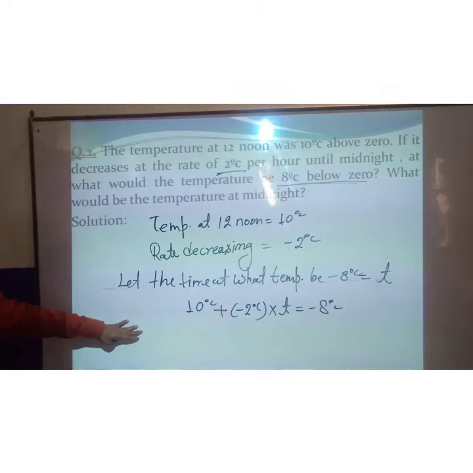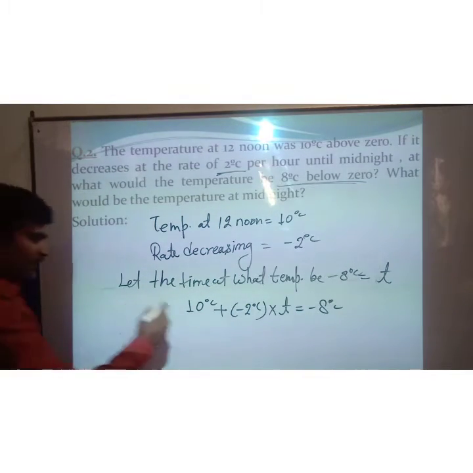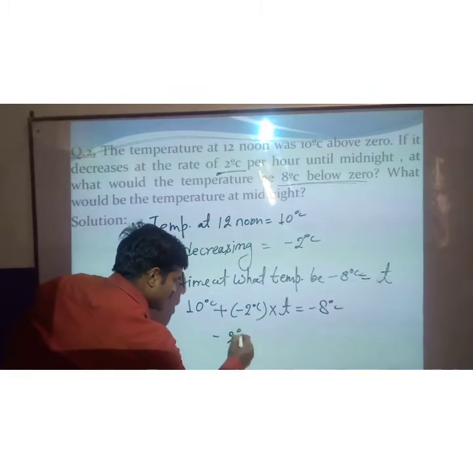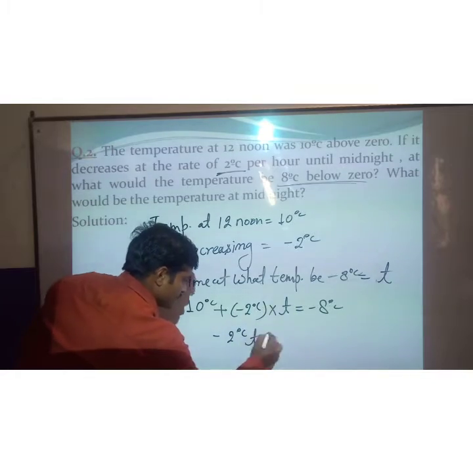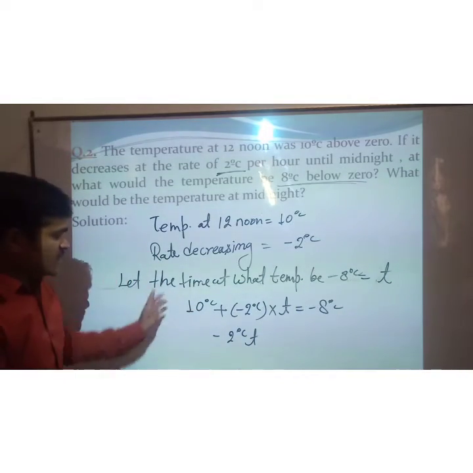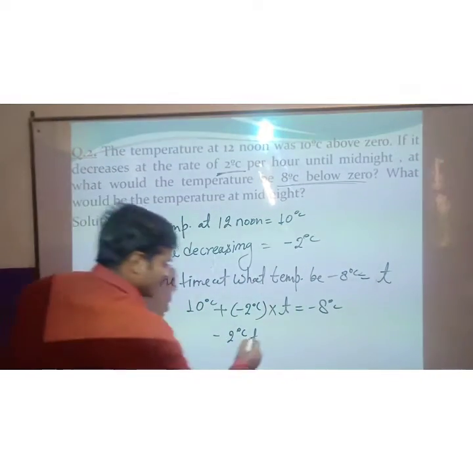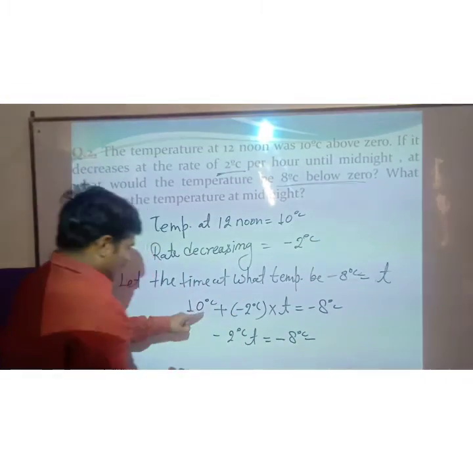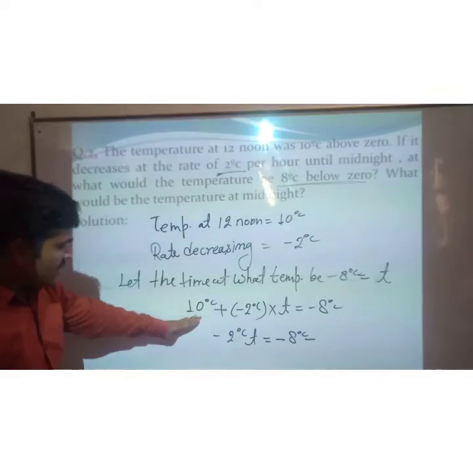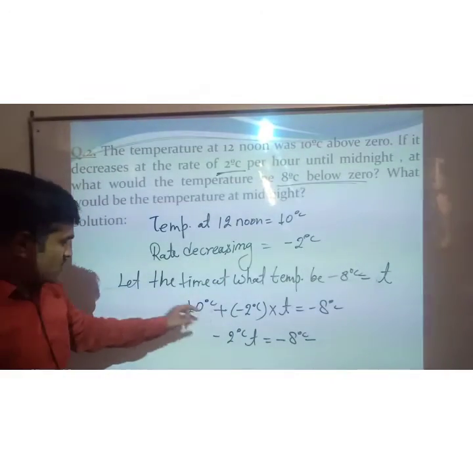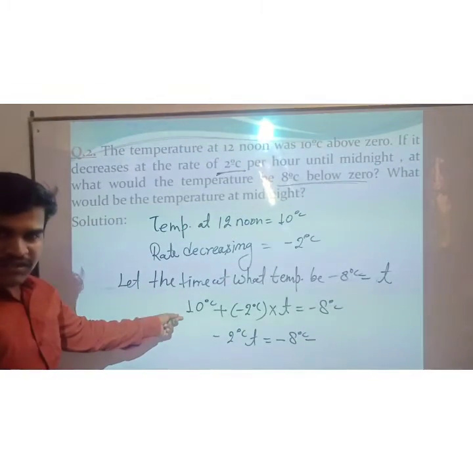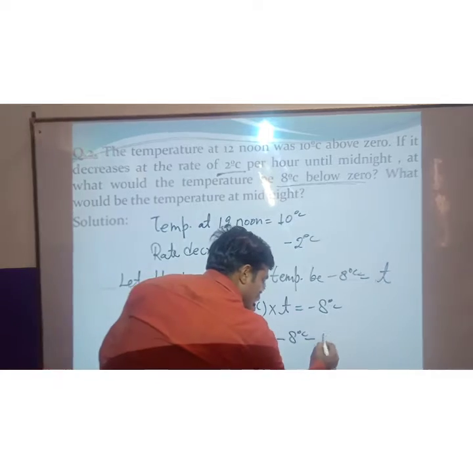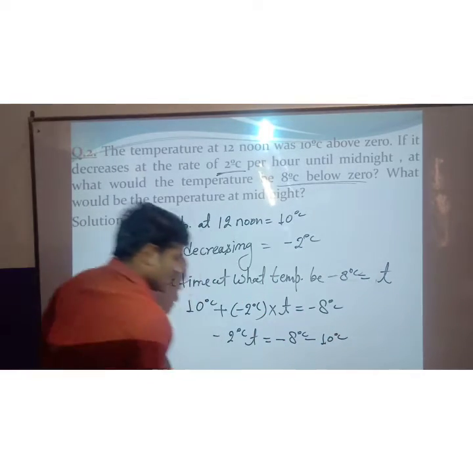I hope it's clear. Now, minus 2 degrees Celsius into T. Transpose 10 degrees Celsius from left to right, so we get minus 8 degrees Celsius. When we transpose 10, which is a positive integer, it becomes a negative integer, so minus 10 degrees Celsius.